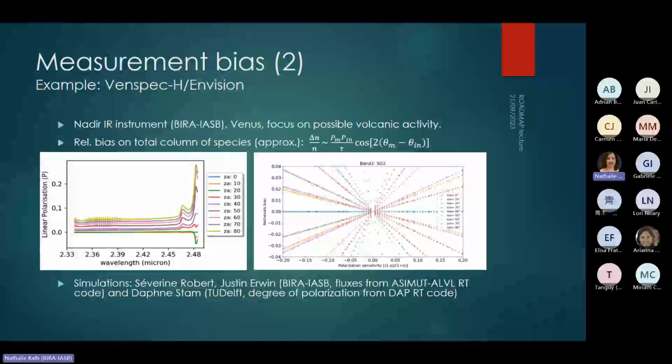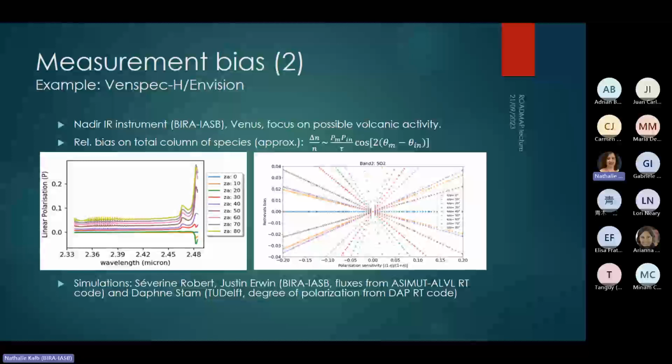And you can derive, approximately, in theory, that the relative bias to your retrievals of the gases, this is total column, by the way, is proportional to the sensitivity of the instrument times the degree of polarization of the incoming light. Okay?